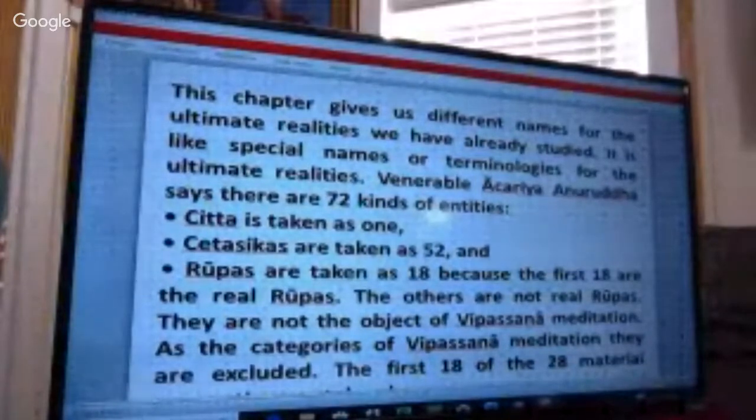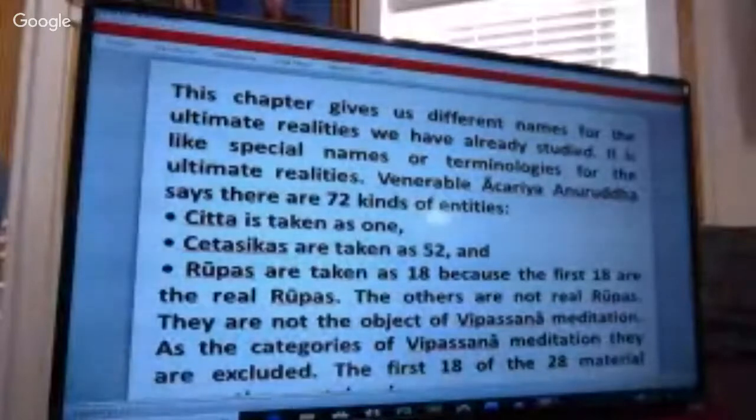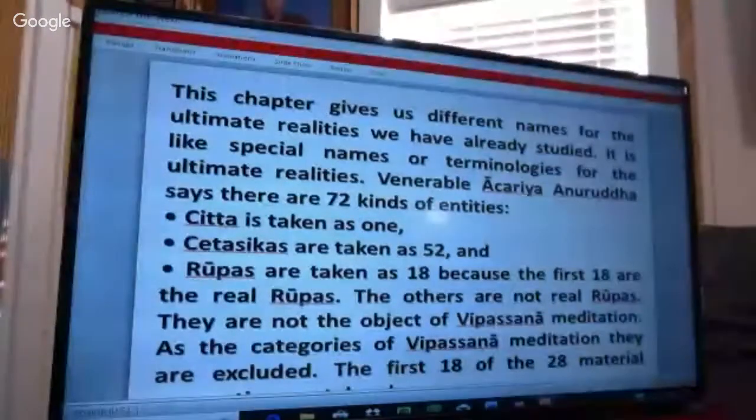That's why when we take all kinds of mind, we count only one. According to the characteristic, not according to the function. According to the function, we have different kinds of mind.